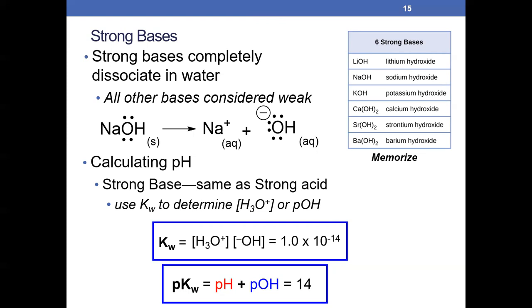We can use the concentration of hydroxide to find the concentration of H3O+ and then calculate pH, or we could take the hydroxide concentration, convert it into pOH, and then convert it into pH. So there are technically two different ways in which we could accomplish this. But for strong acids and strong bases, we assume they completely dissociate and everything is converted into products.